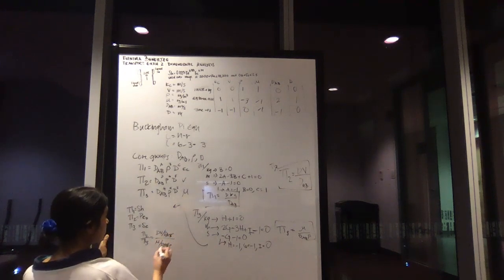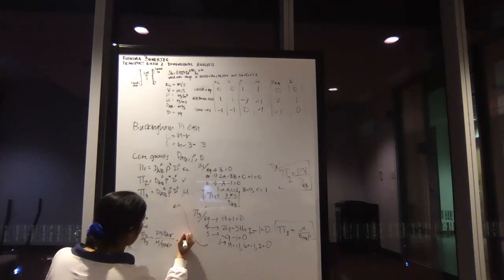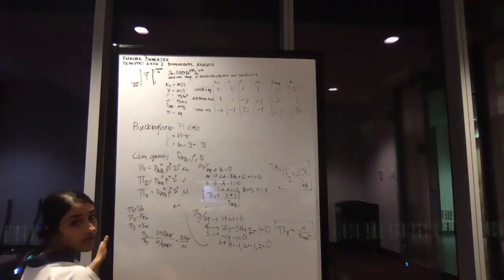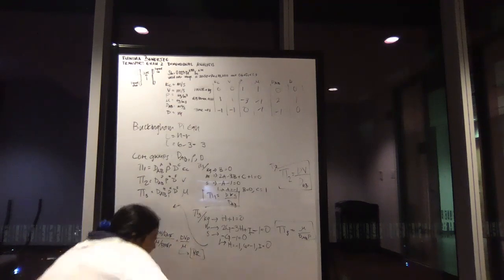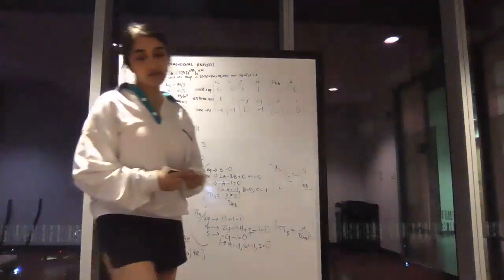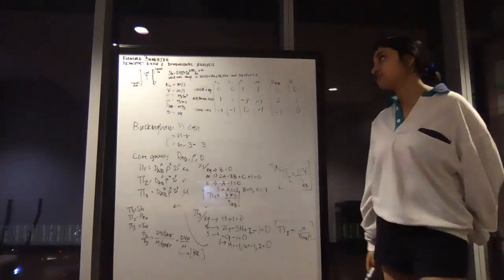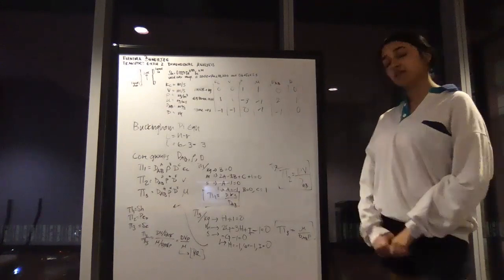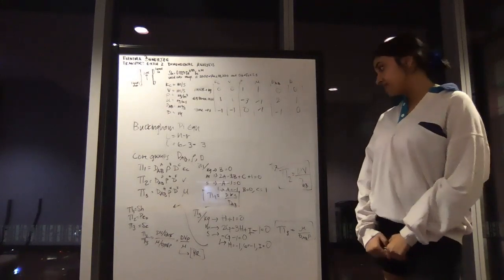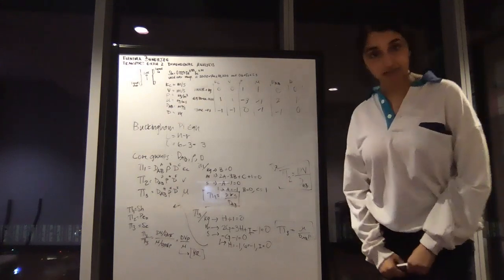So DAB cancels, and look what we have here: DV times rho over mu. And what is that? That is the Reynolds number. So since that's the Reynolds number right there, we can say that the Sherwood, Schmidt, and Reynolds numbers are the correct dimensionless groups. And that is the end of part 1. We can now go on to part 2, which is the coding.